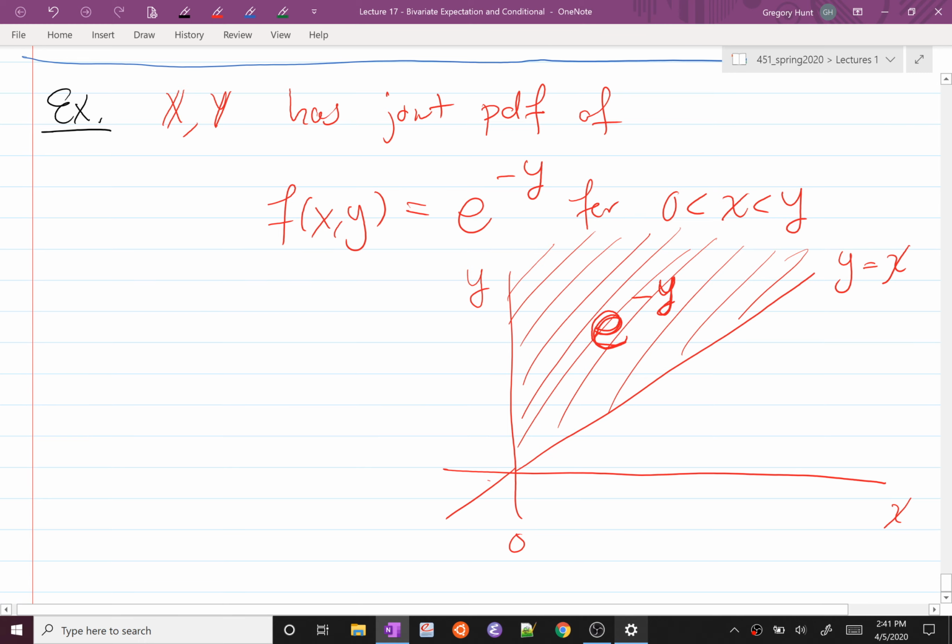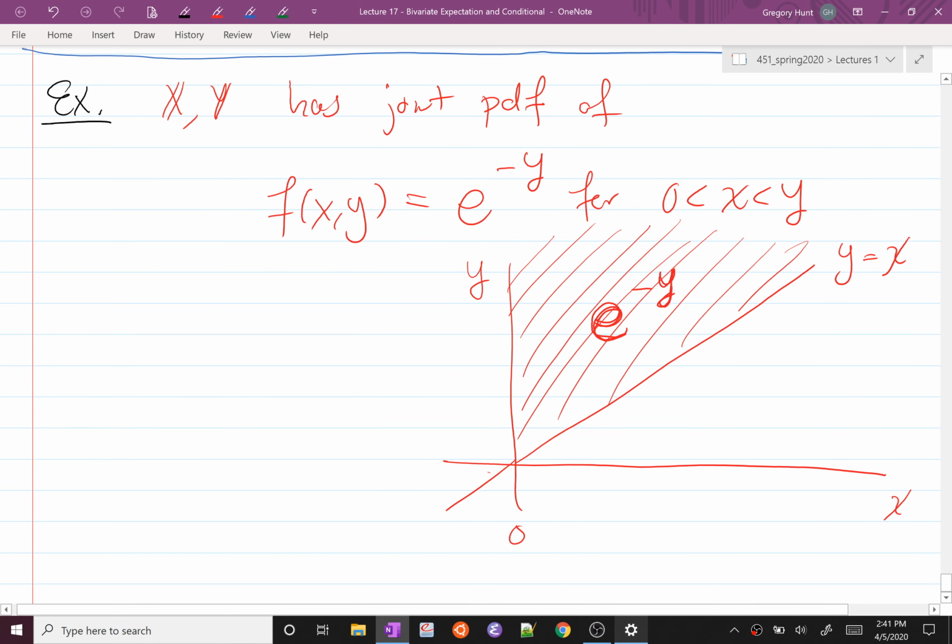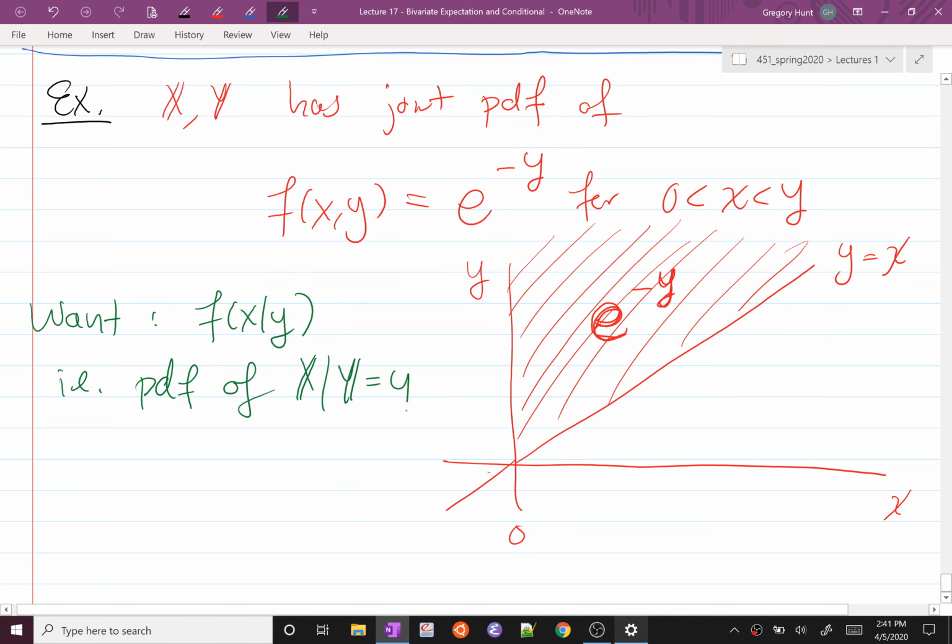Okay. So can we get the conditional distribution of, what do we want? Let us get f of x given y. This is the conditional distribution, i.e. the PDF of the random variable x given that y is some value little y.